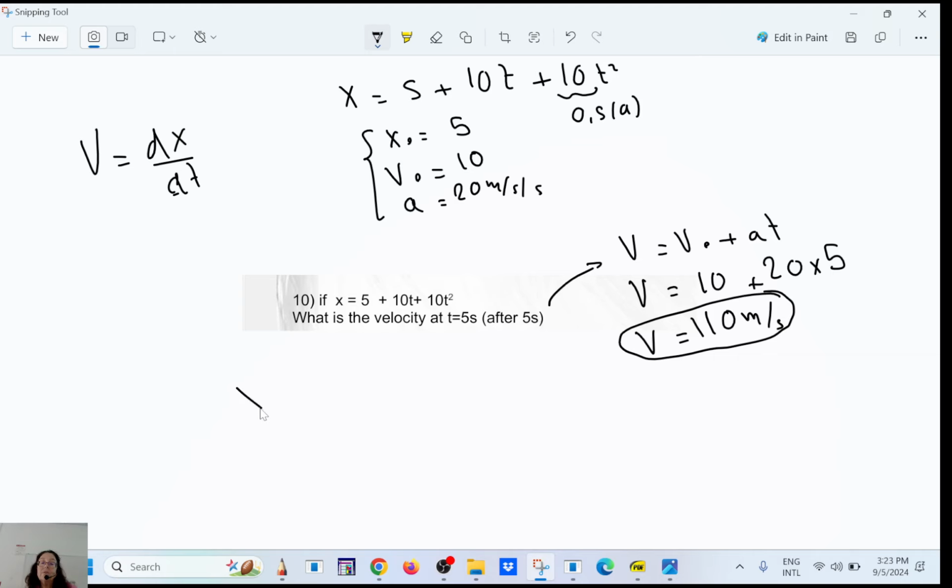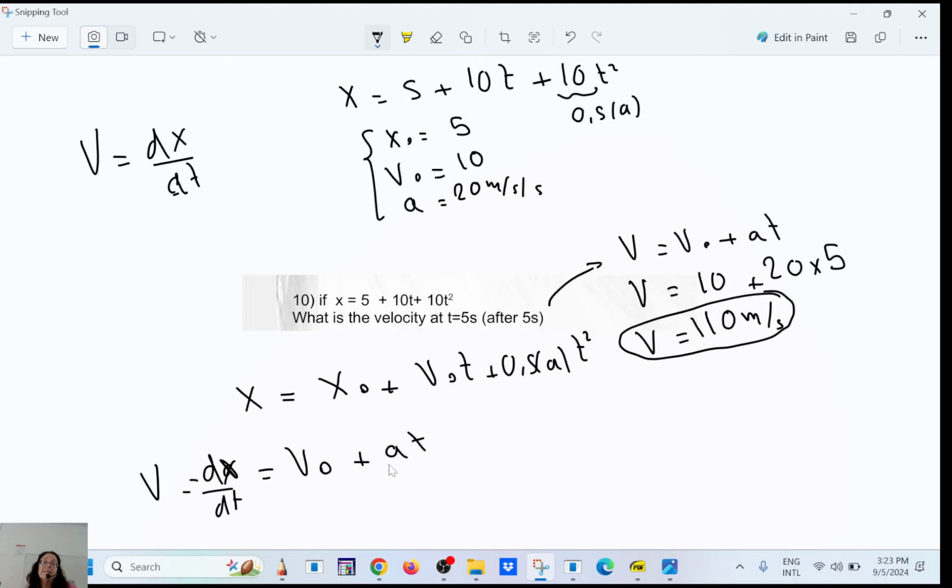So for those who took calculus, if you have x equals initial position plus initial velocity times time plus 1/2 at squared, and you take the derivative, dx over dt, the derivative of the constant is 0, the derivative of the velocity term is the initial velocity, and you're going to get at.